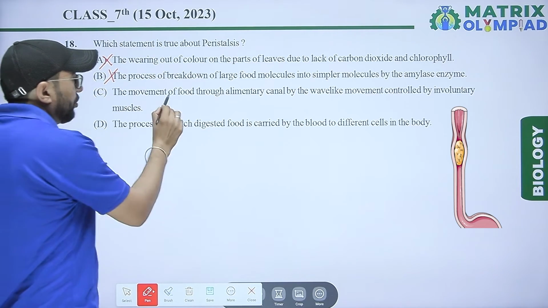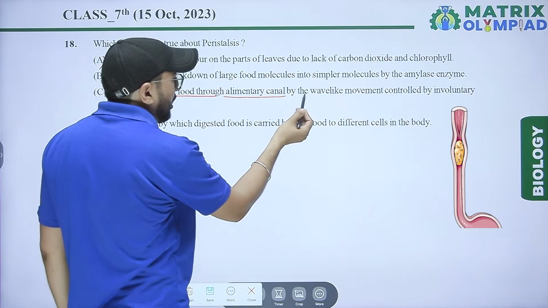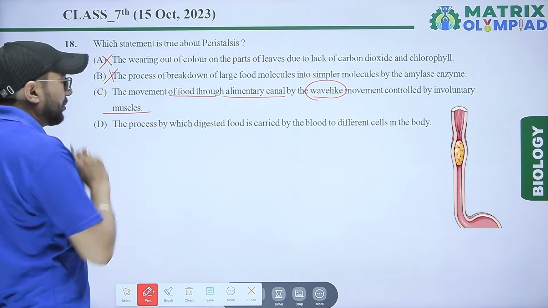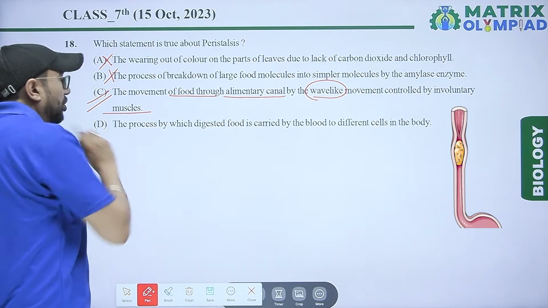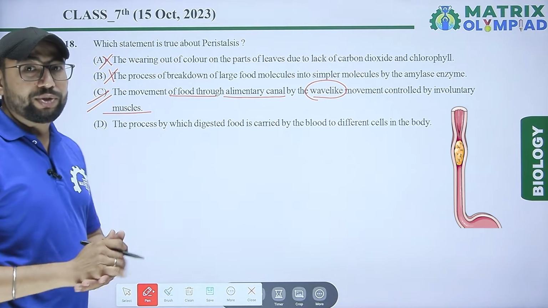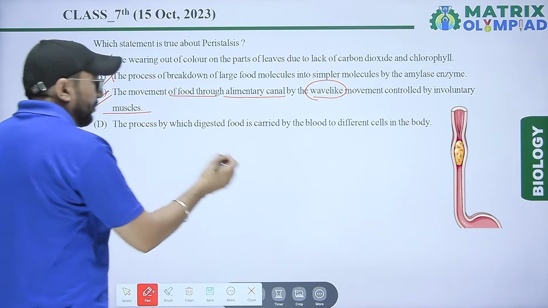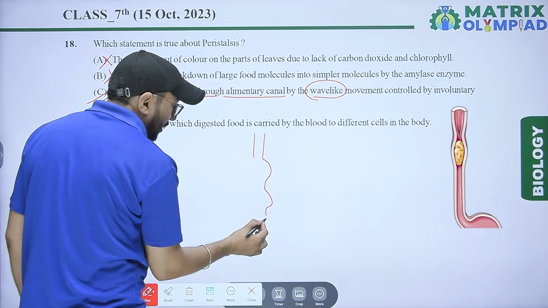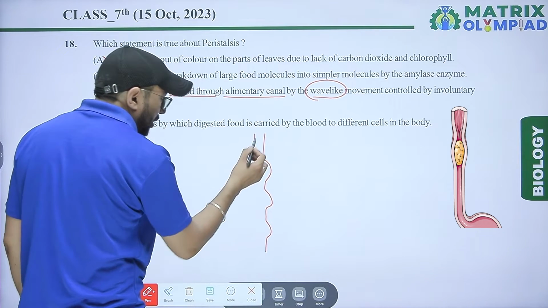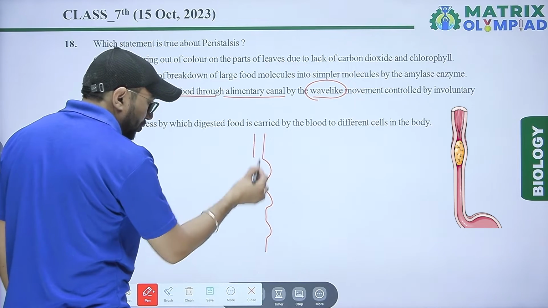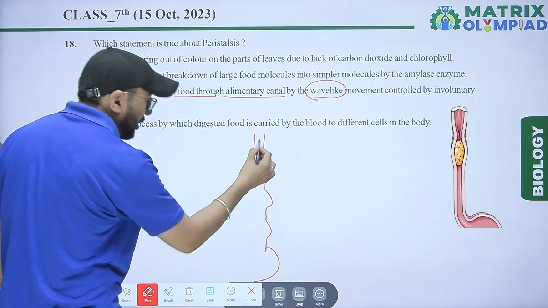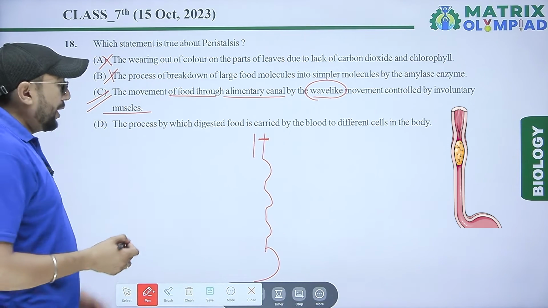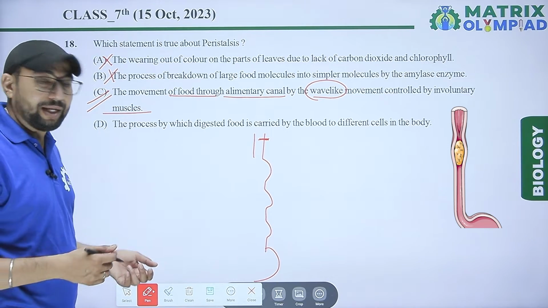Movement of food through the alimentary canal by the wave-like movement controlled by the involuntary muscles, that is the right option for this question. Wave-like movement, this movement helps in transfer of food from the alimentary canal, food pipe to stomach. The right answer is option C.